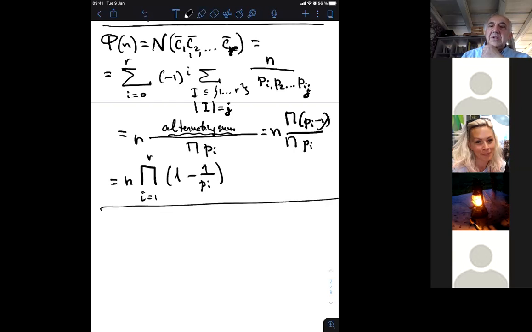Do this alternatingly. In this way, we can count the number of elements which are not in the union of all sets.